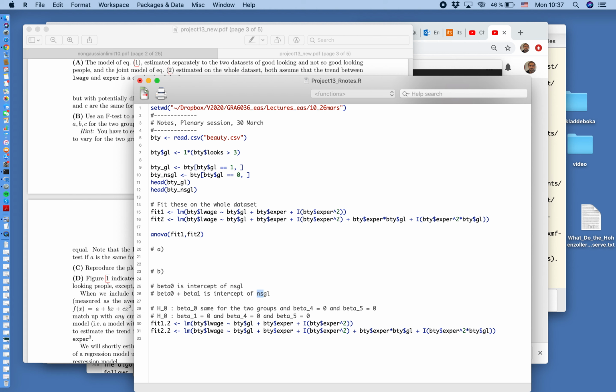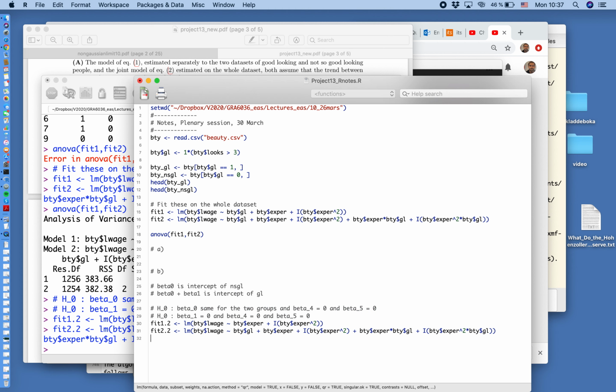So now you see how they're different. Now we want to test whether this beta 1 is equal to 0, which means that both groups have the same intercept. To do that, we can remove this thing.